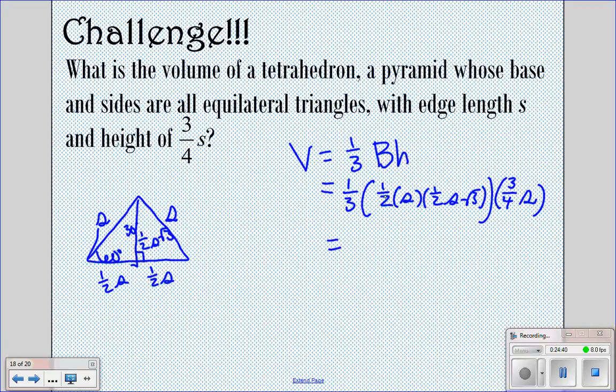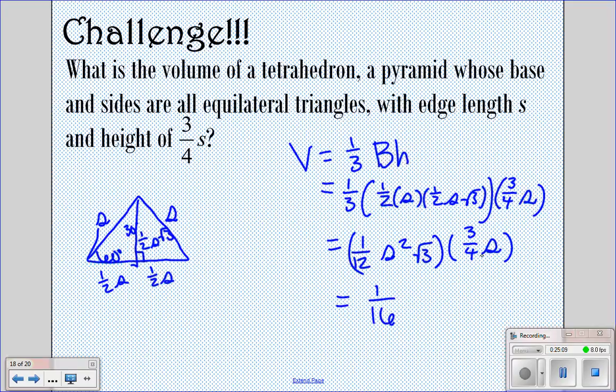1/3 times 1/2 times 1/2, and that's going to be 1/12. And then I have S times S, so S squared, and then square root of 3. All of that gets multiplied by 3/4 S. So 1/12 times 3 over 4 is 3 over 48, which reduces to 1 over 16.